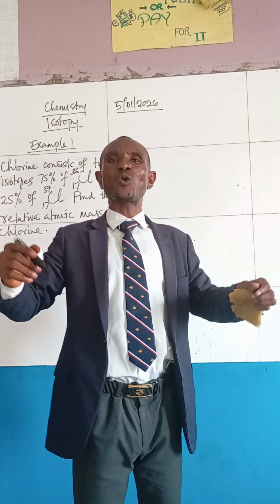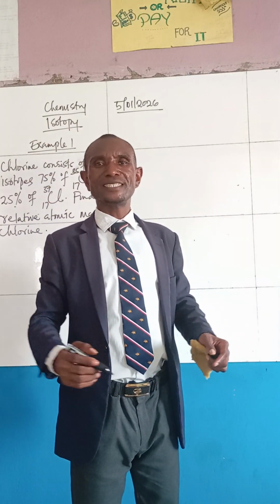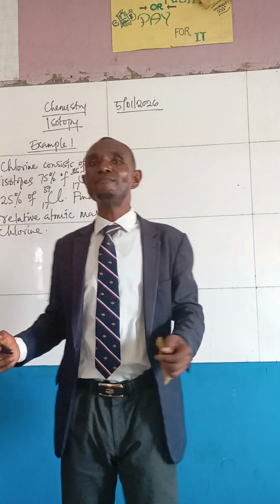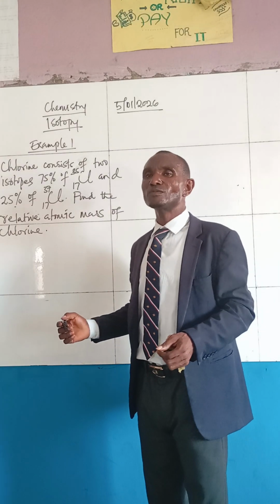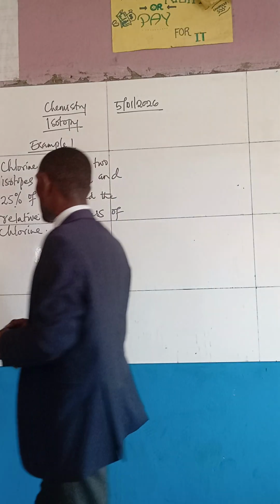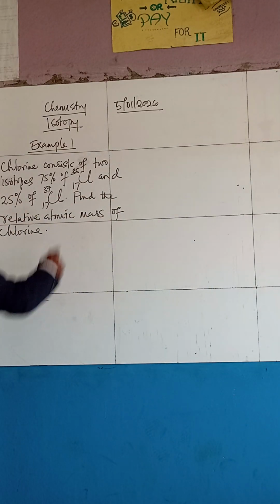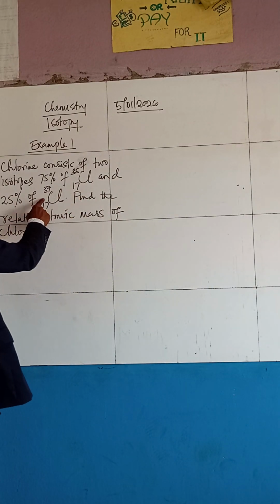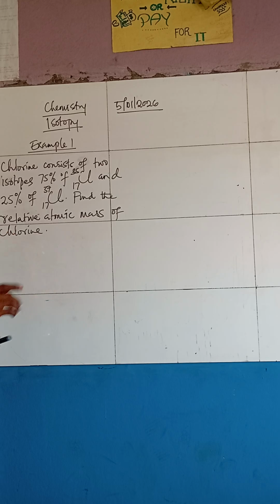That means their occurrence in nature, their quantity in nature. That's what we mean by relative abundance. Now, how do you solve this? We have these isotopes, so you need to know the contribution made by each of the isotopes.